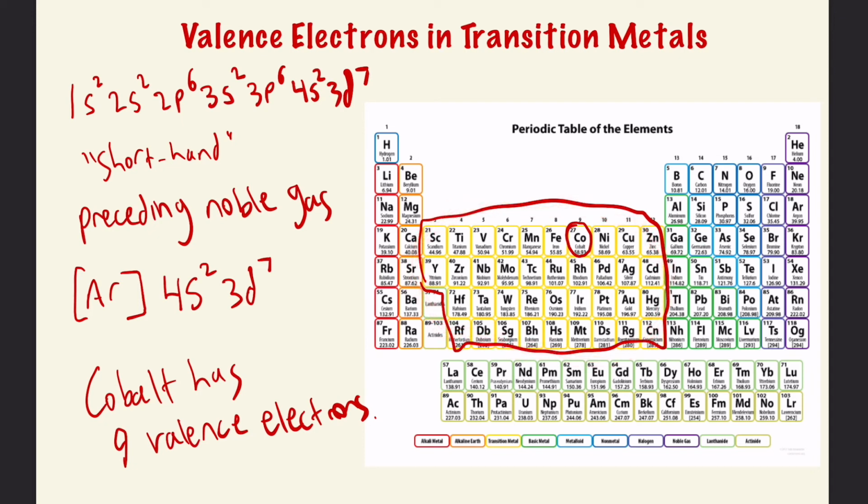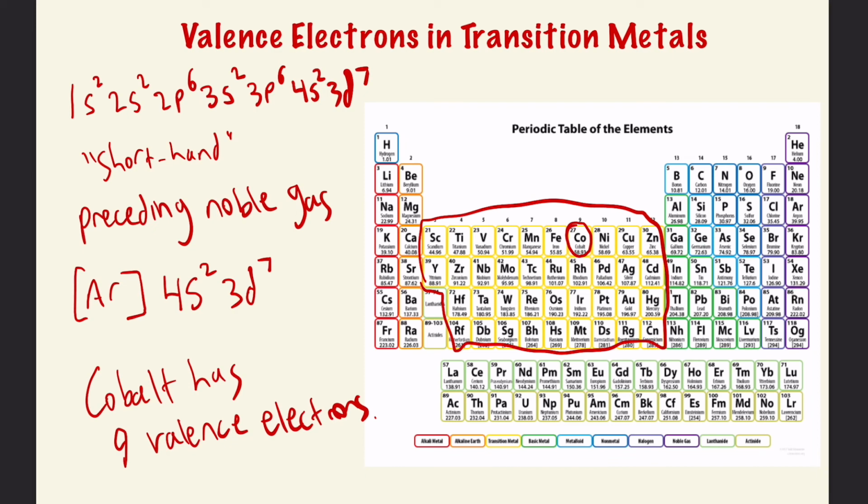If not, once you know how to determine the electron configurations, you will then have the knowledge to figure out the shorthand configuration, and then figure out which electrons are after the preceding noble gas, which in this case is argon, and then figure out what are the outer shell electrons, or what are the valence electrons. In this case, cobalt has 9 valence electrons.